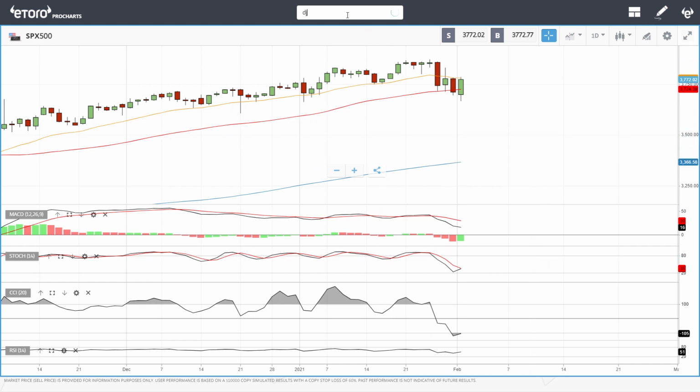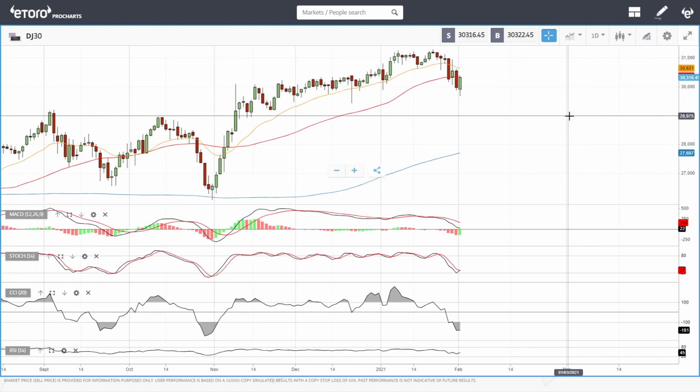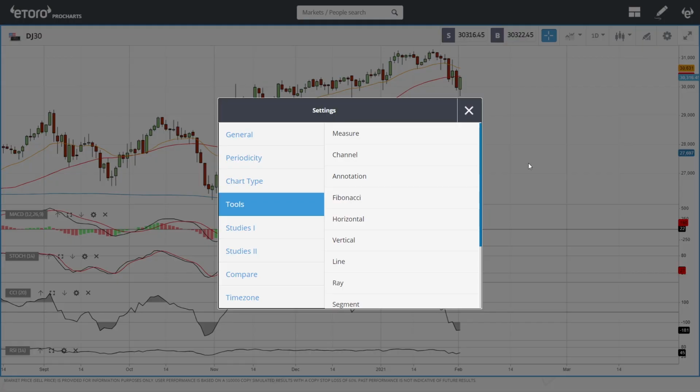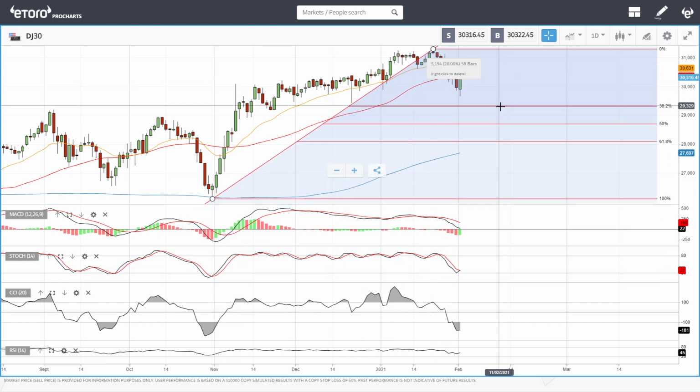So let's look at the Dow Jones. The Dow is still trading underneath the 50 moving average. The main reason why I have not entered a buy on this, or did not trade it, is because this looks very bearish to me too. If you look at the Fibonacci retracements, you can see that we could fall all the way down to 29,300, or down to the 50 at 28,700, give or take, and all the way down here to 28,000.